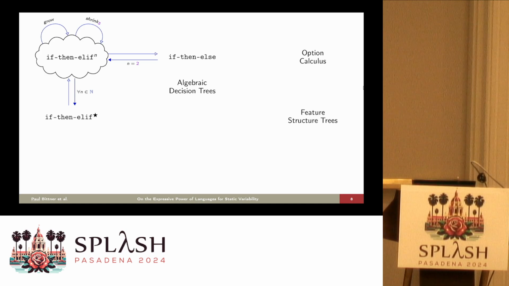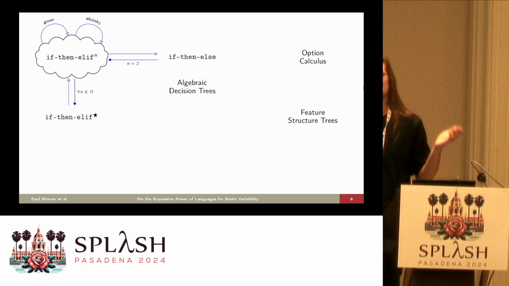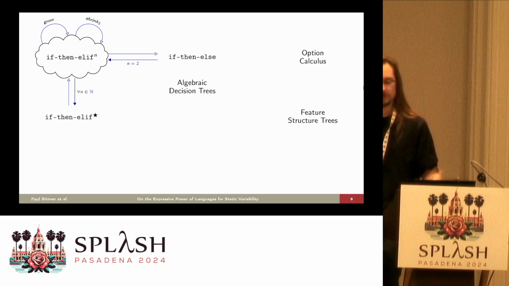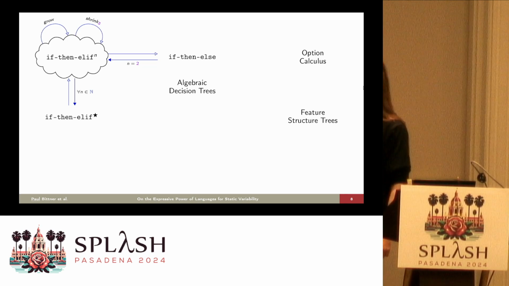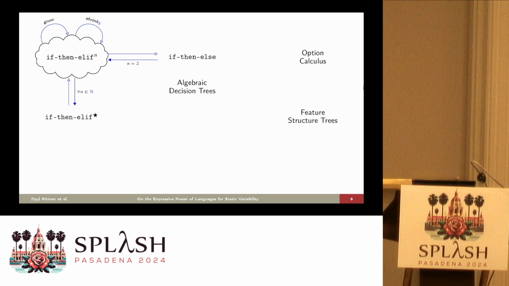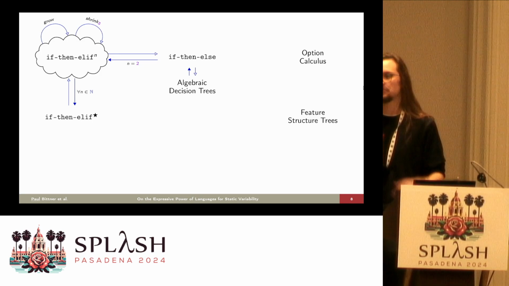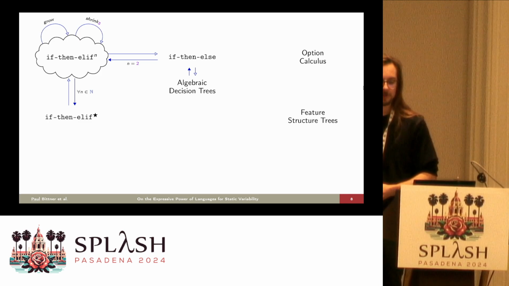And we show that translating these if and else languages can be done via this language family to an arbitrary degree. We then also relate the binary choice calculus at the top with algebraic decision trees, which is another language which wasn't actually used to model variability until very recently. This was a language introduced for game theory or some other algorithmic problems.